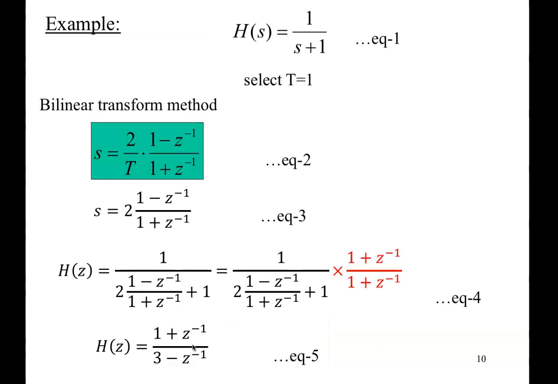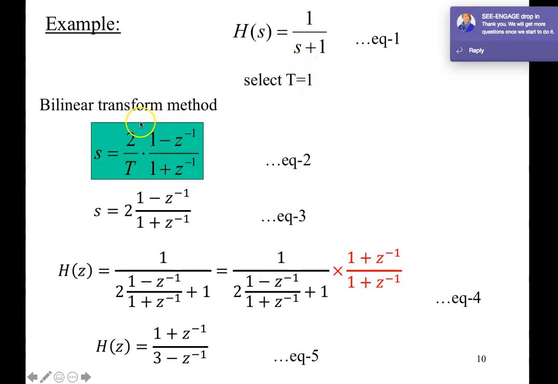If I use the bilinear method for the same transfer function, in continuous time it is 1 over s plus 2. I use this formula for the bilinear transform. T is 1, so it's 2 over T, that's 2 over 1, times 1 minus z to the power minus 1 over 1 plus z to the power minus 1.